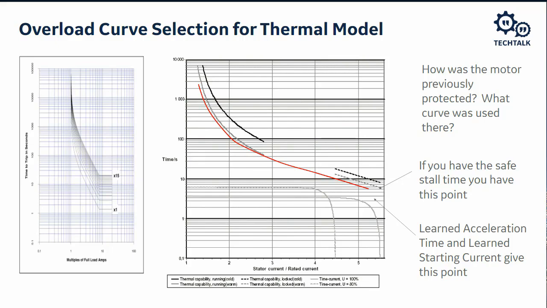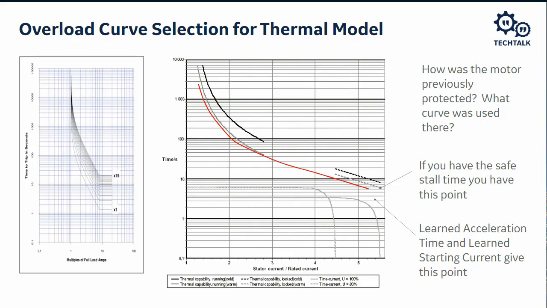So if we have that point, either hot or cold, we can place a standard motor curve just below that point. Now, we don't know what's happening up in the running portion, how much margin we have, things like that. But because this is the only data we have, that's what we have to go with, and we can put it just below that.